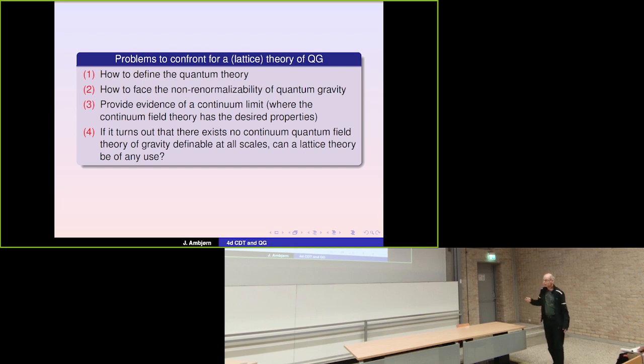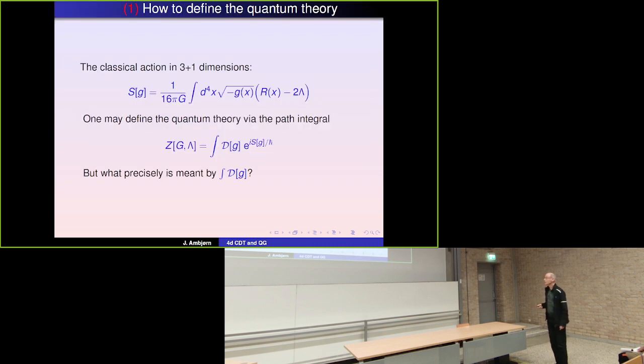I will not have real time to discuss point 4, which is quite interesting, I think. So I will just answer this in one word: yes. And I will mainly discuss points 1, 2, and 3. So how to define the quantum theory?